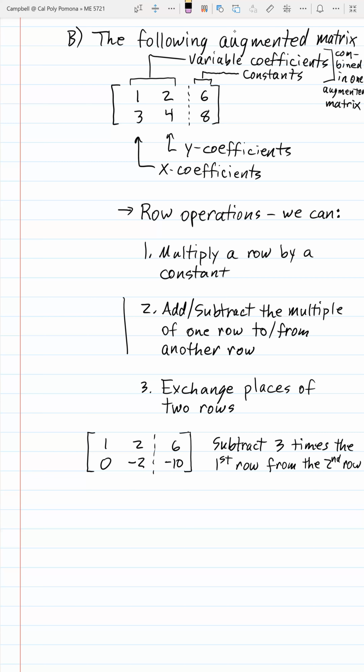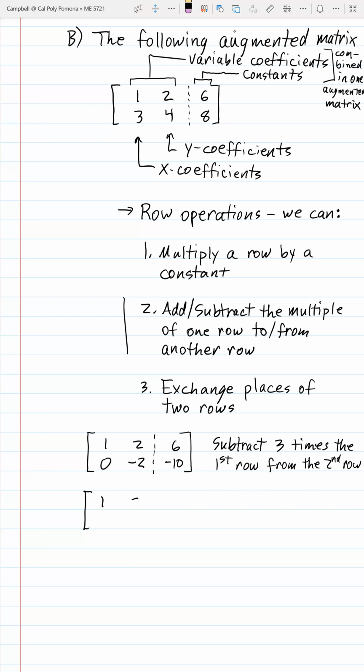Now, of course, for that second row, I don't yet have any leading ones, but that's what I want, is I want the first non-zero entry to be 1. Well, that's pretty easily managed. So what I'm going to do now is, if I want to take that -2 and turn it into a 1, I'm just going to multiply by -1/2, otherwise known as dividing that second row by -2.